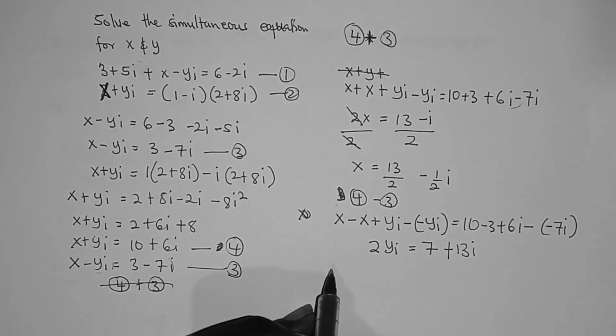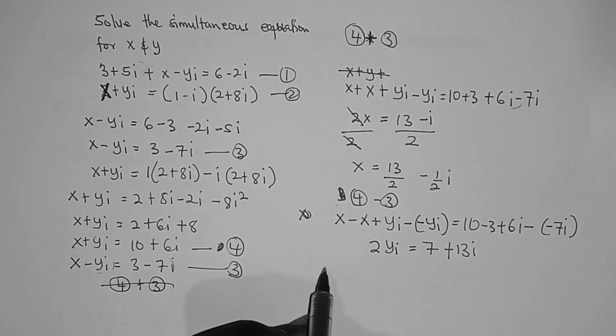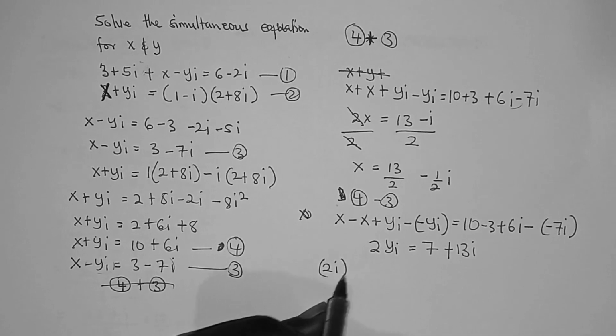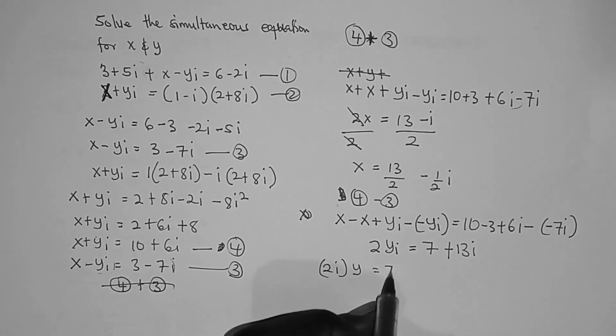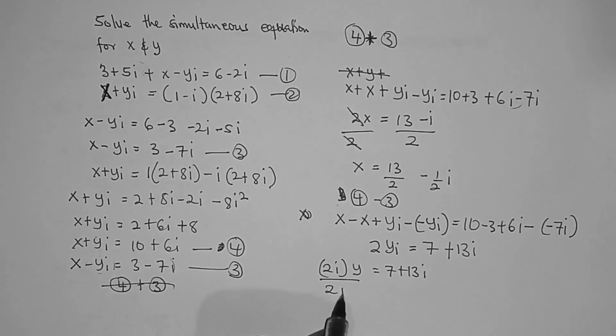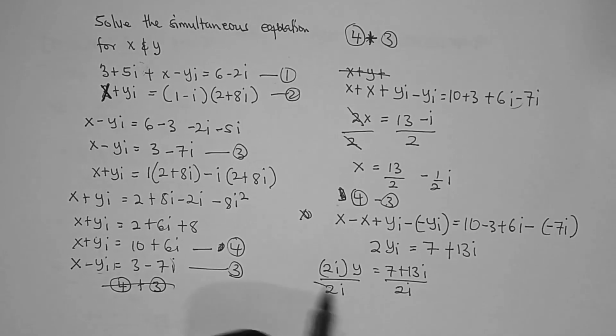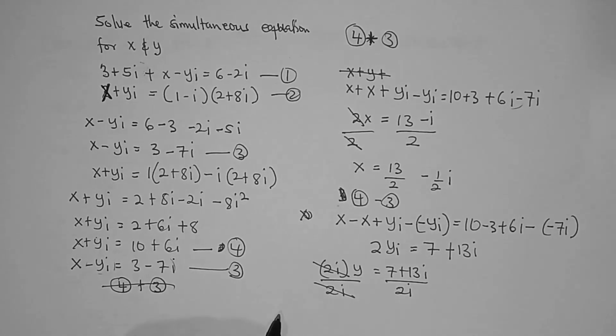So let's continue. What I want to do is rewrite this as 2i times y equals 7 plus 13i. So that you can divide through by 2i. This 2i and 2i will cancel.